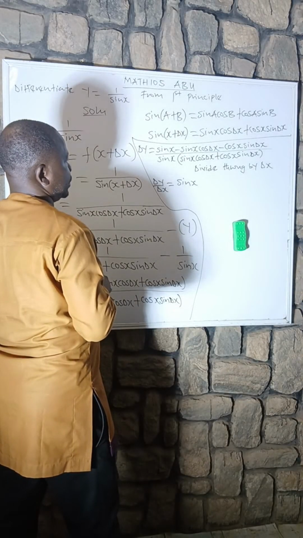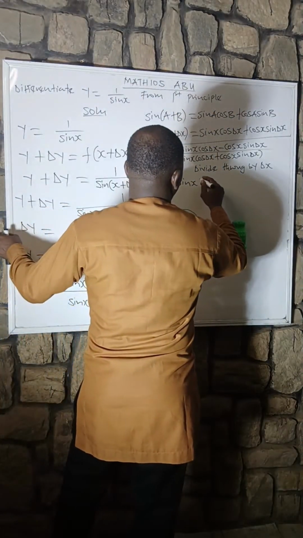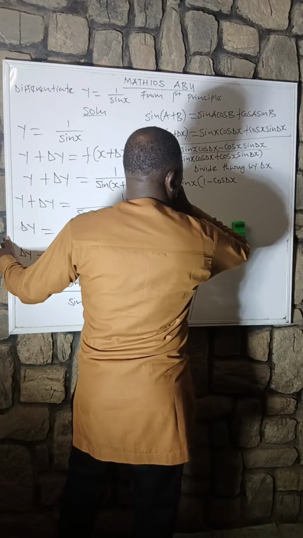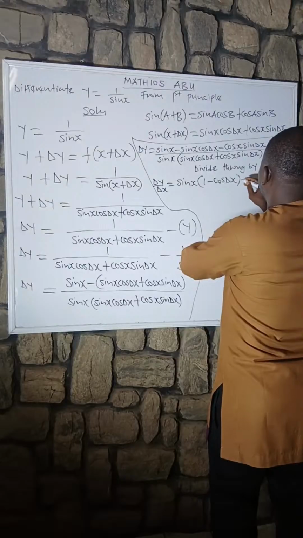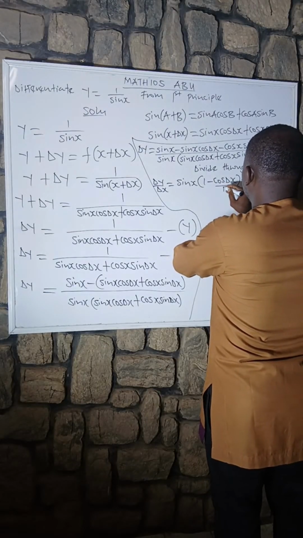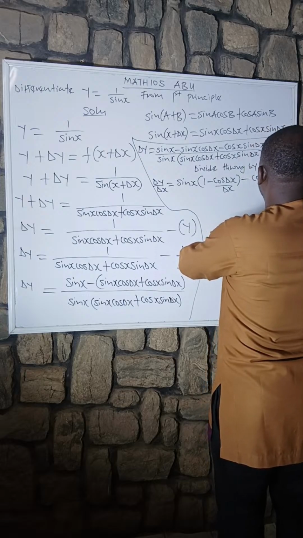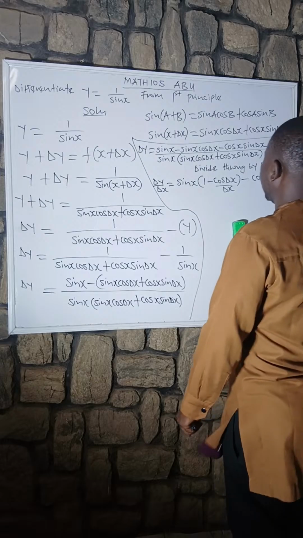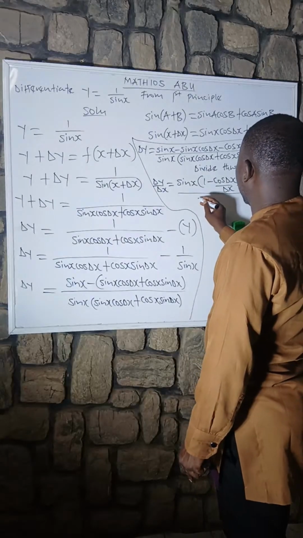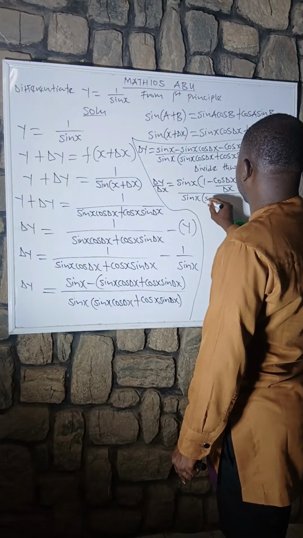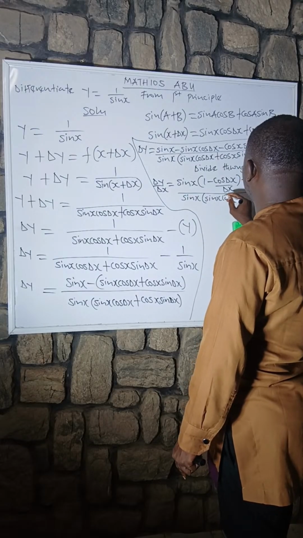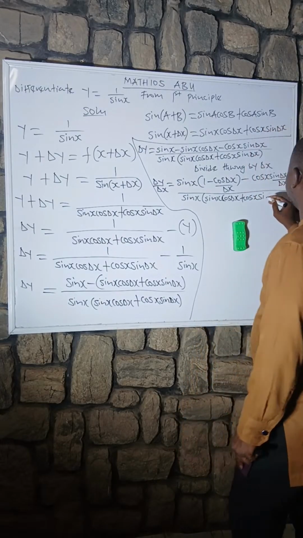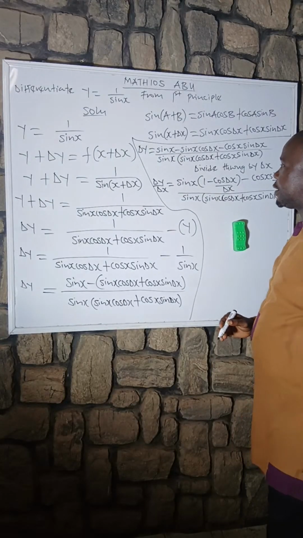Here we can factor out sine x to give us 1 minus cos dx, then close bracket, then minus cos x sine dx, all over dx, then all over sine x open bracket sine x cos dx plus cos x sine dx, right? Okay.